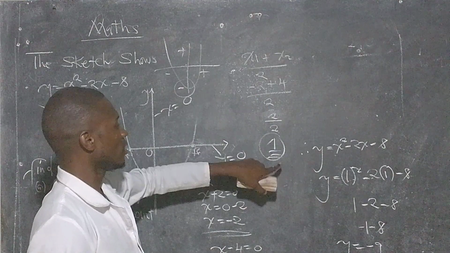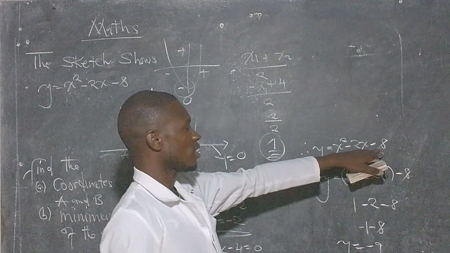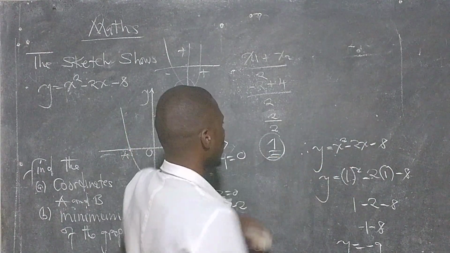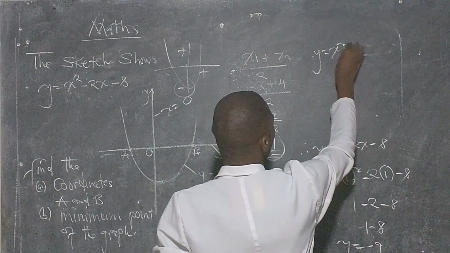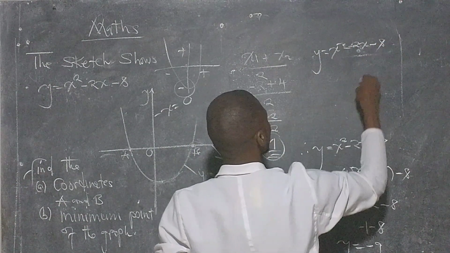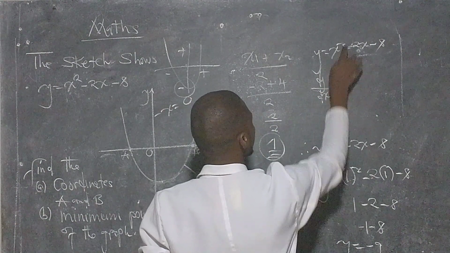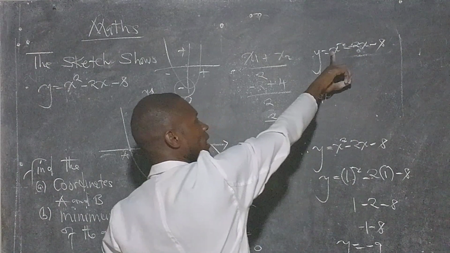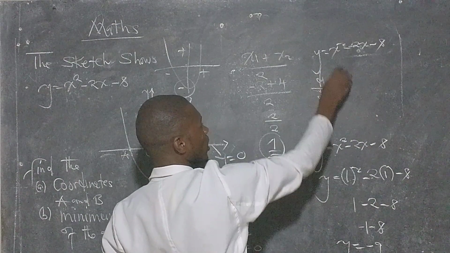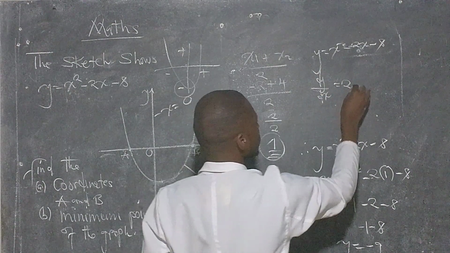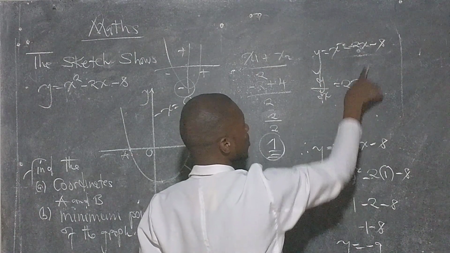Then the other way of finding this value, apart from this one, is to differentiate the same equation. If y is equal to x squared minus 2x minus 8, to differentiate, dy over dx is equal to: you multiply the power 2 with the coefficient 1, so 2 times 1 is 2, then x, taking 1 from the power 2, so it remains like this.